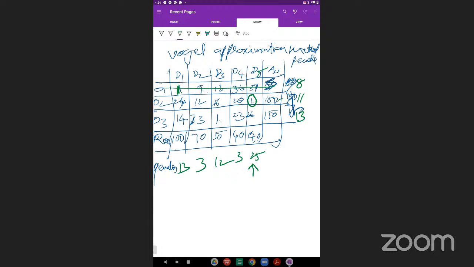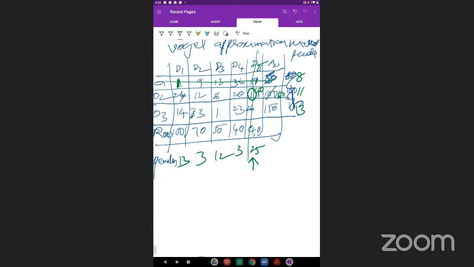Which is the least? Demand is 40. So I will allot 40. 40 allotted means D5 is over. Then pending will be only 60. Am I clear? Once again, do you understand? Explain again, sir. Okay, again I will write this.